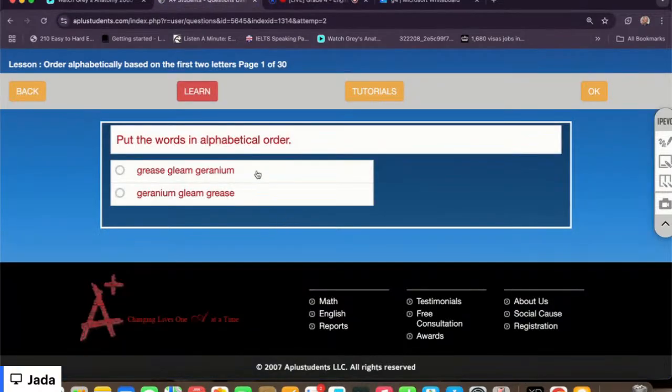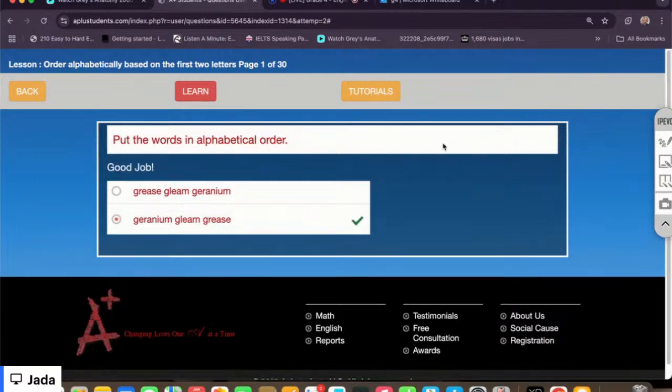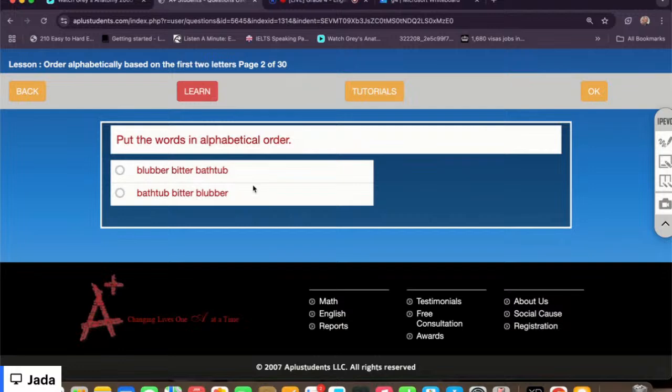So first we have option 2. Okay, that's correct. So the next one we have bubble, beta, and bathtub. So all BE, check the third letter, which one comes first.